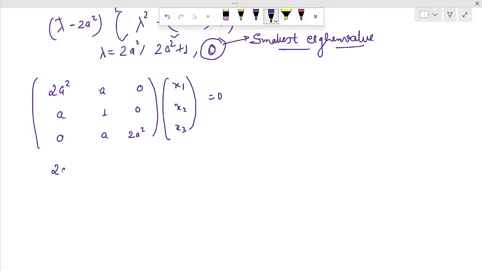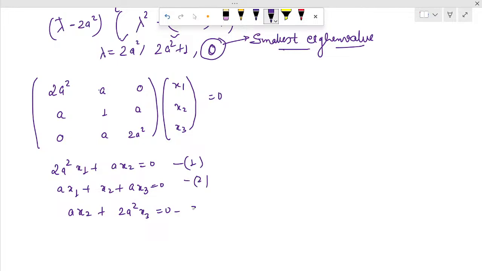So clearly the first equation is 2a square x1 plus a x2 equal to 0. The second one is a x1 plus x2 plus a x3 equal to 0. And the last one is a x2 plus 2a square x3 equal to 0. You have three equations.